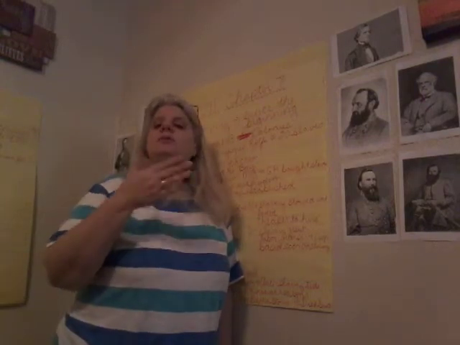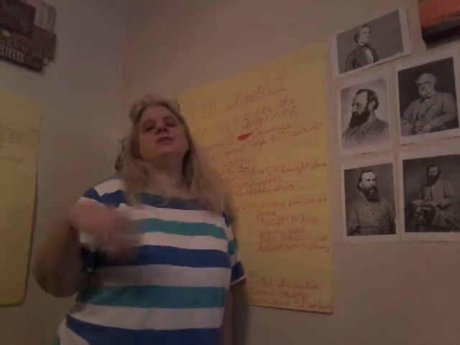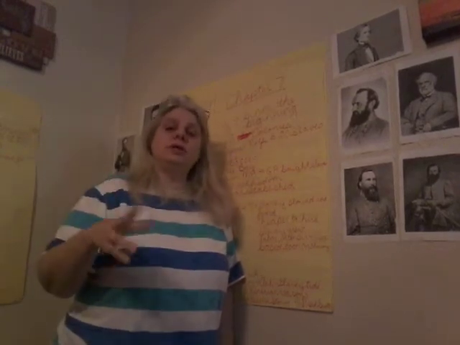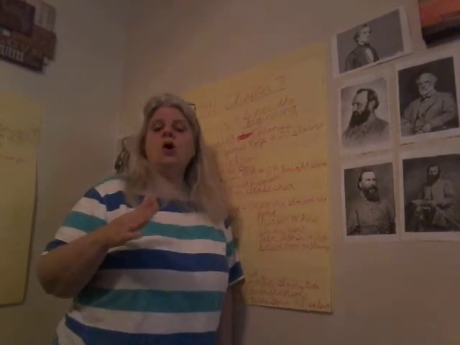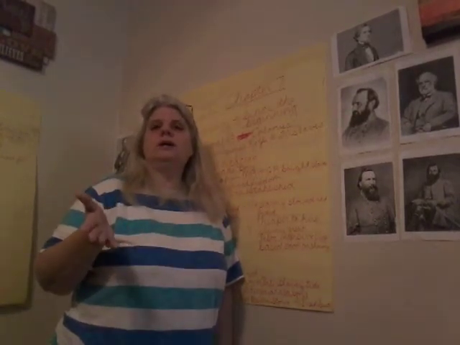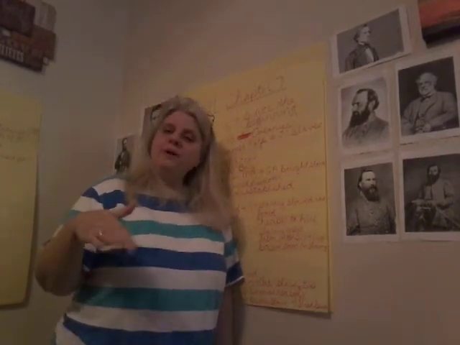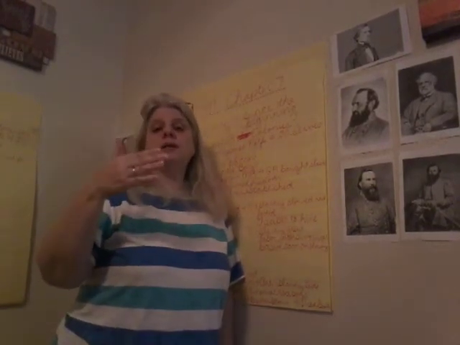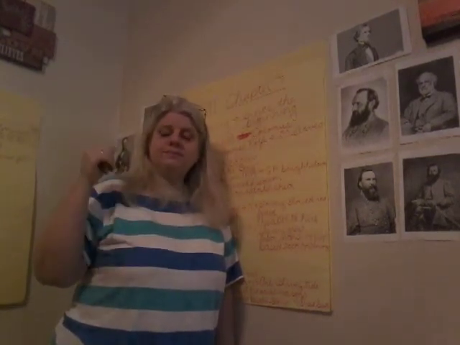So at every opportunity that a problem arose regarding slavery, they just came up with a compromise or a different thing to do. One of the most famous compromises is called the Missouri Compromise. Missouri wanted to come in as a slave state, which would have made the states uneven.